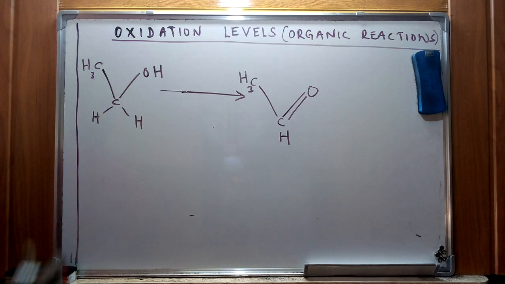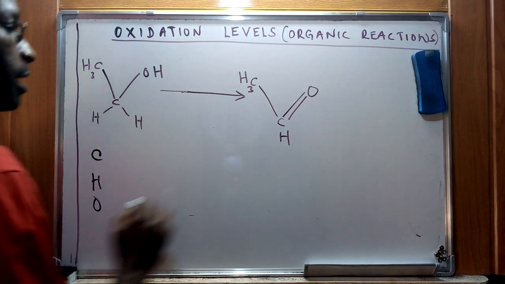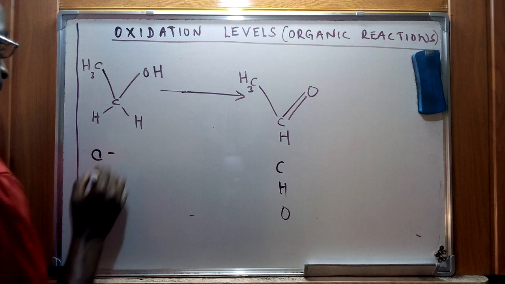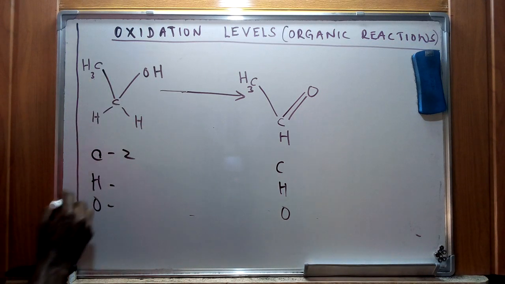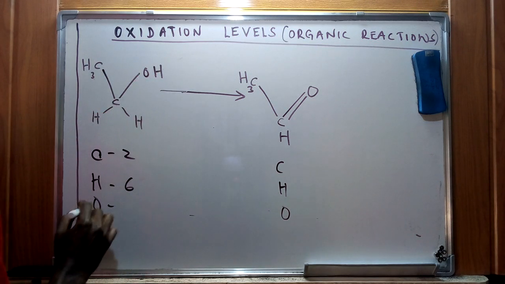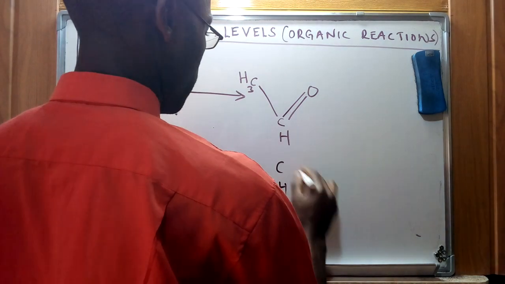This compound contains carbon, hydrogen, and oxygen, and this one also contains carbon, hydrogen, and oxygen. The number of carbons in the first compound is 2, hydrogen is 6, and oxygen is 1.